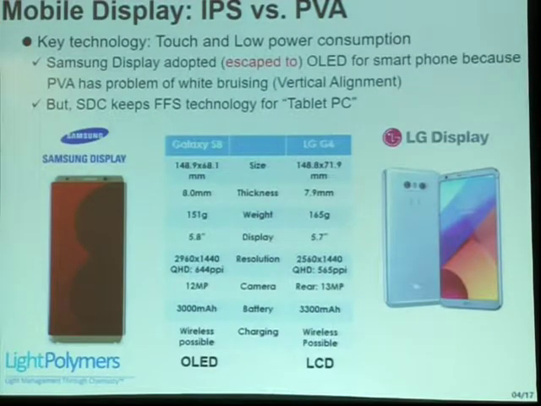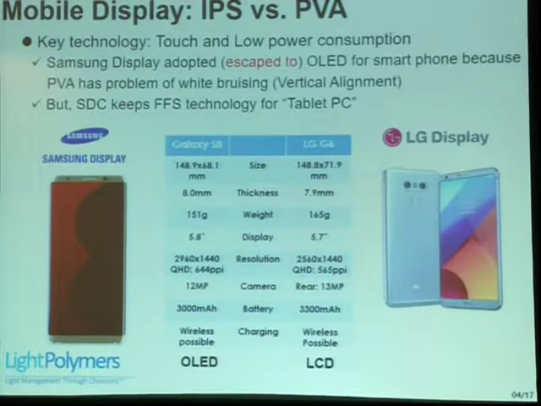Okay, now I want to go to the mobile display first. Which technology will be the winner between the IPS mode and the PVA mode? You know that Inje Chung, the keynote speaker this morning, developed the IPS liquid crystal mode. I developed the PVA mode when I was working at Samsung Display. The mobile display requires touch and low power consumption.